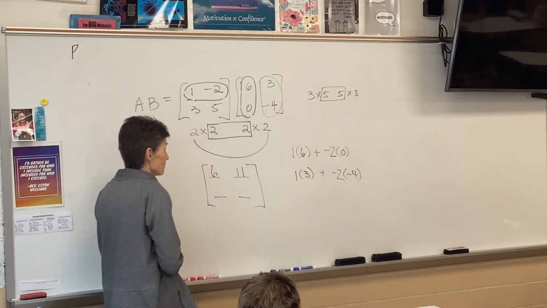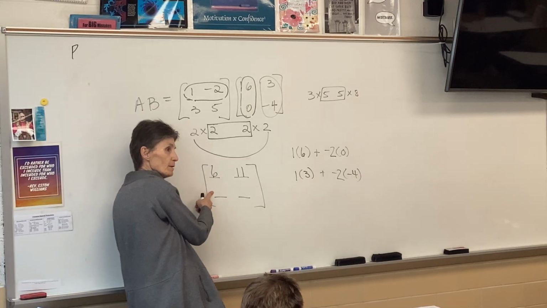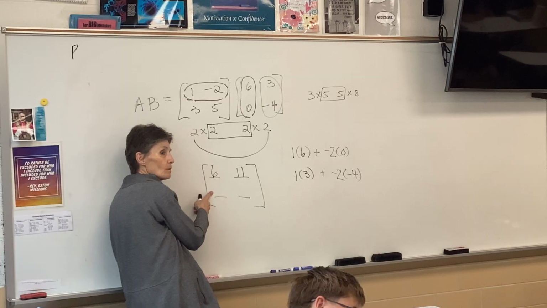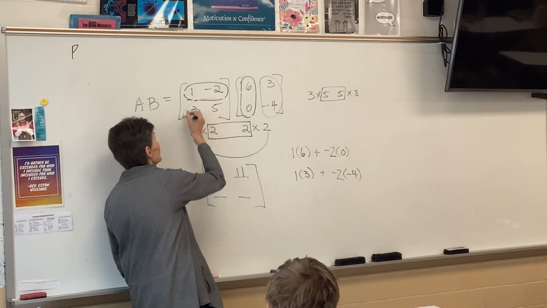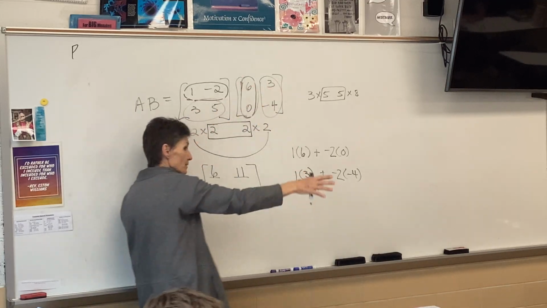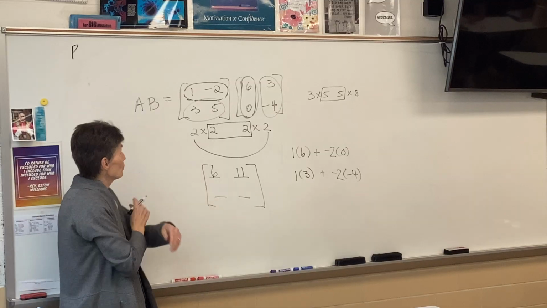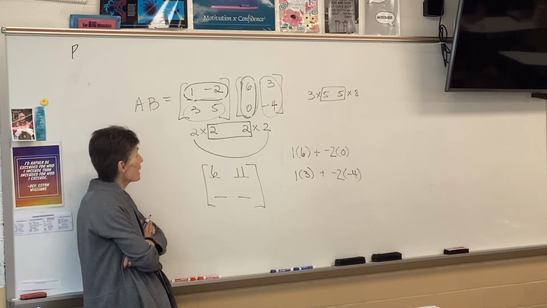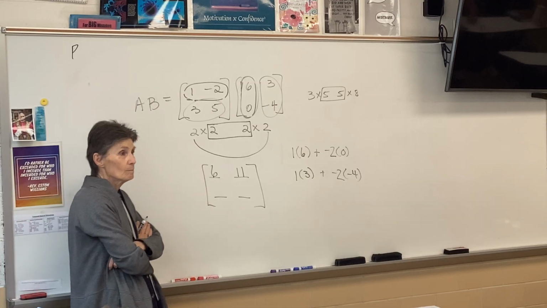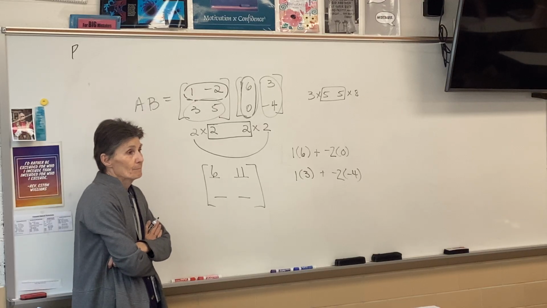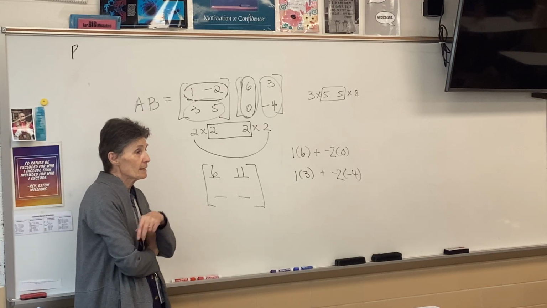Okay. Any guesses as to what I'm going to do here? Row 2, column 1. All right, go ahead and do it. Numbers in row 2 times the numbers in column 1. Multiply each set and add them up.